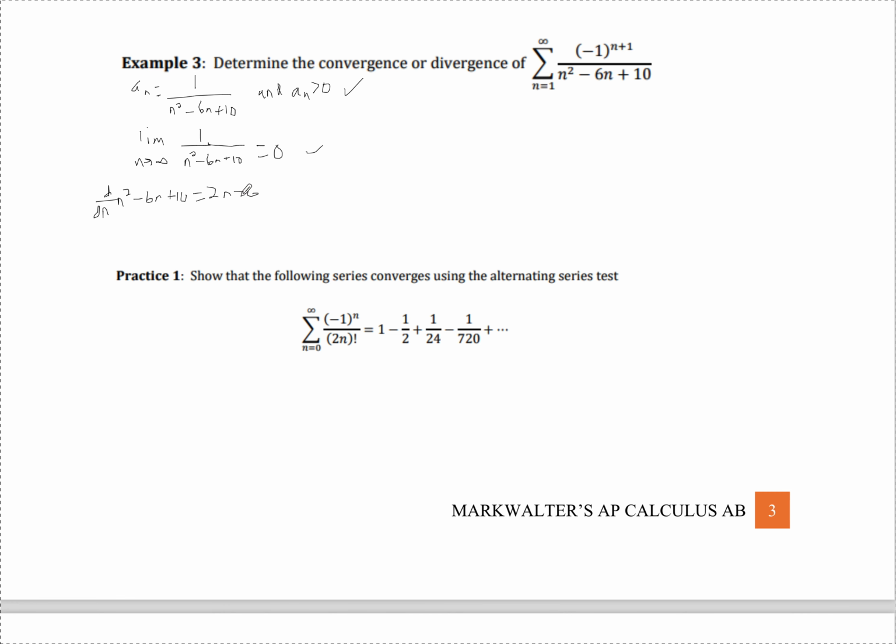So what does that tell us? Well, think about it. It has a 0 at 3. So when n is greater than 3, when n is 4, 5, 6, 7, 8, 9, 10, those kind of things, then our derivative is positive. If the derivative is positive, that means the denominator will be increasing.